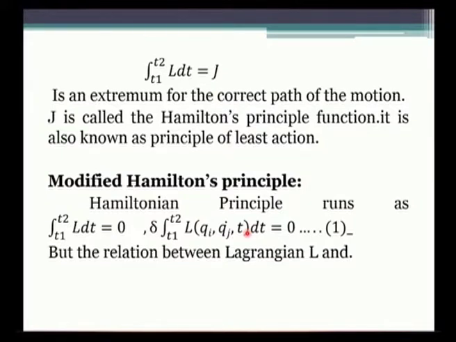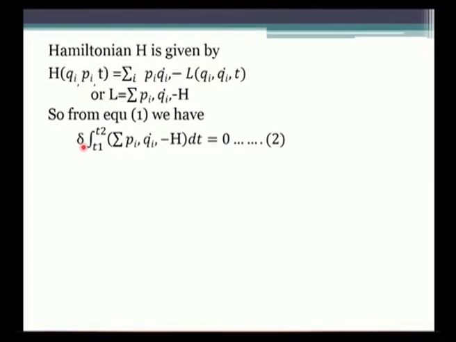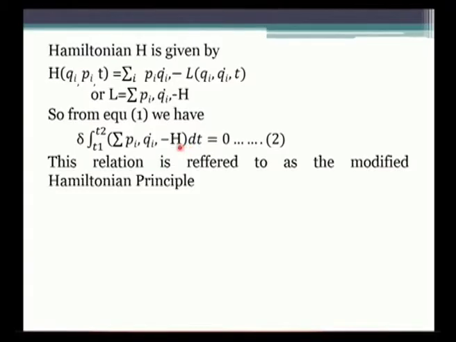From this equation we got delta of integral between t1 and t2 of summation p_i q dot_i minus H into dt is equal to 0. This is the equation we obtained from equation 1. This relation is referred to as modified Hamilton's principle.